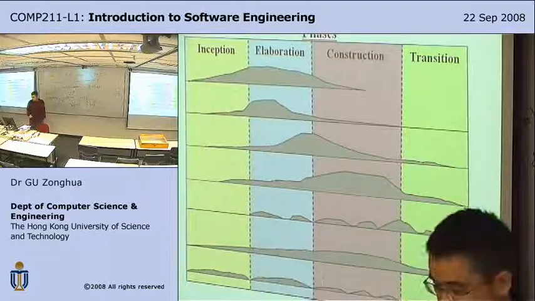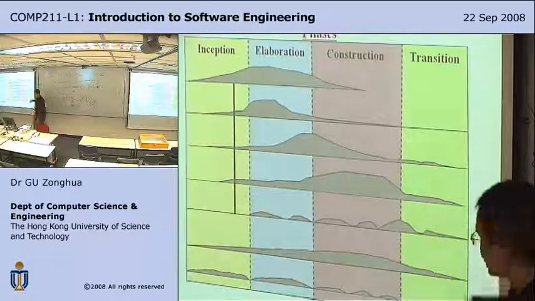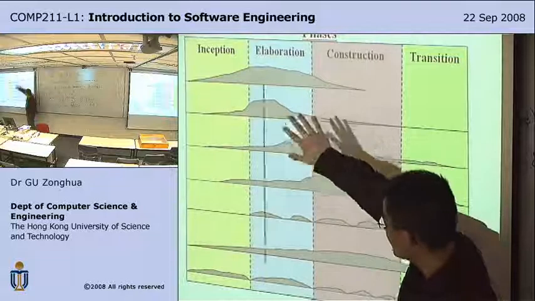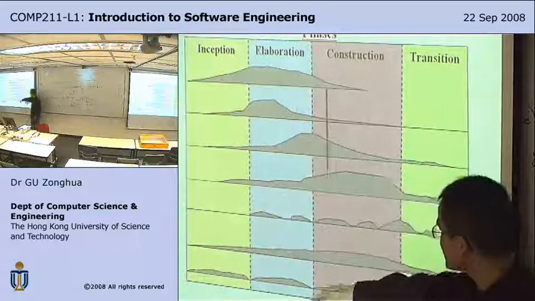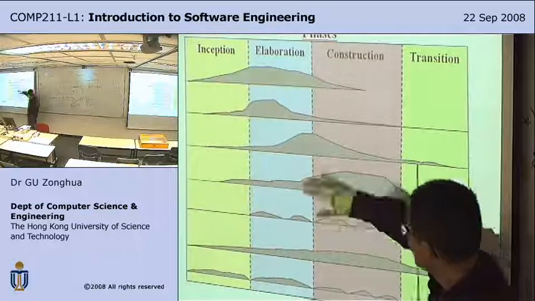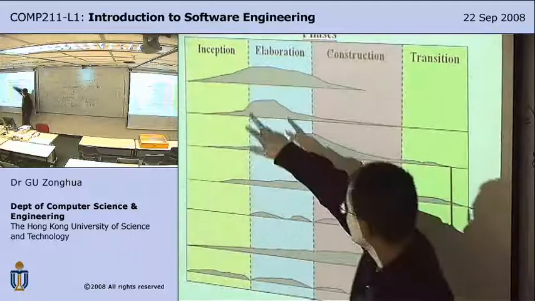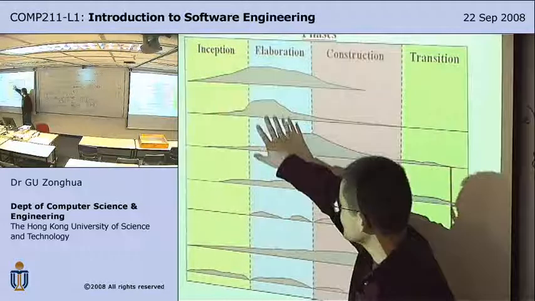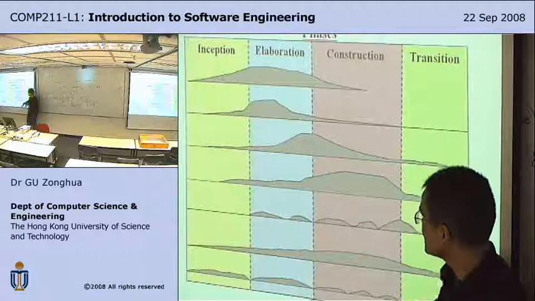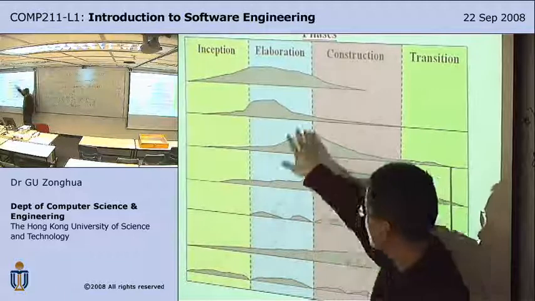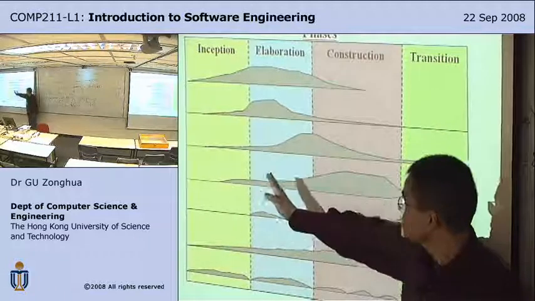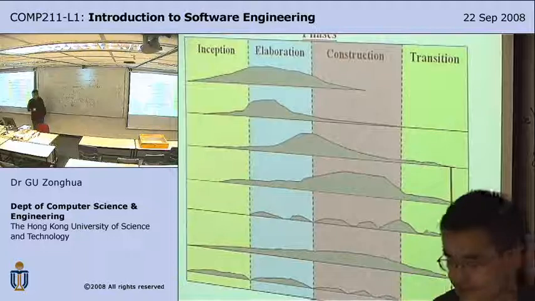So the process goes like this. You go from requirements and then eventually to testing to project management once, and then you go back and redo the requirements, analysis, design, and then go around another time, and then another time, and gradually you move from left to right.